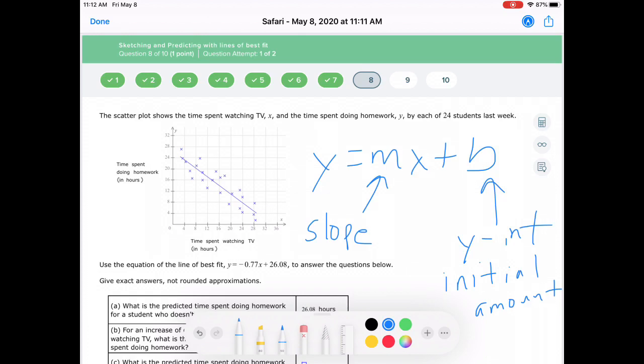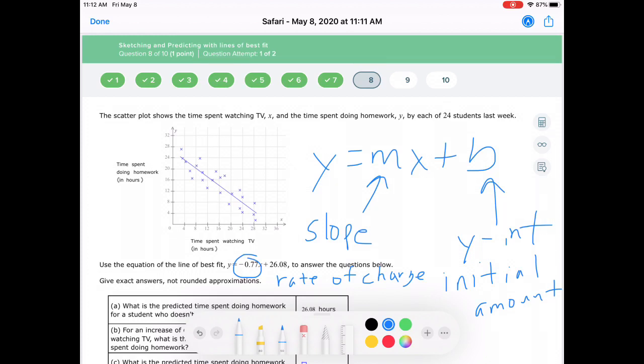The slope is also referred to as the rate of change. So how much is something changing? Rate means you're comparing two things, so we're comparing hours of TV and homework, and how much they are changing in relation to one another. And that is the negative 0.77.